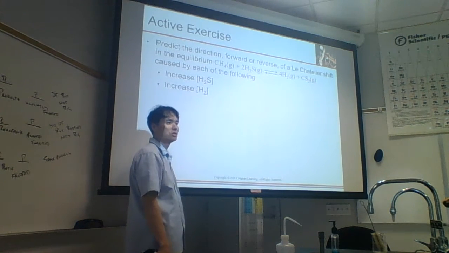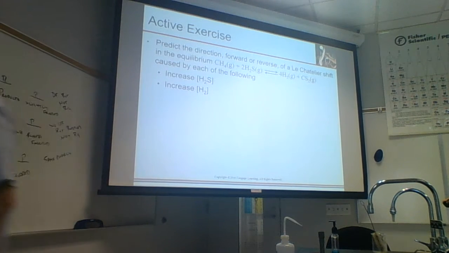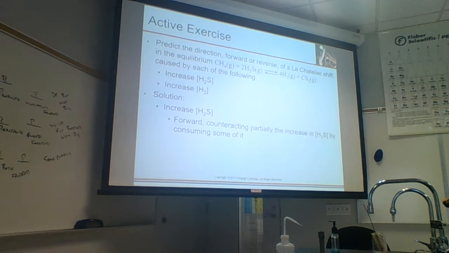If we increase the H2, it's going to shift left. If we increase the H2S, it shifts to the right. It's forward. If we increase H2, it shifts to the left. It's reverse. That's it.